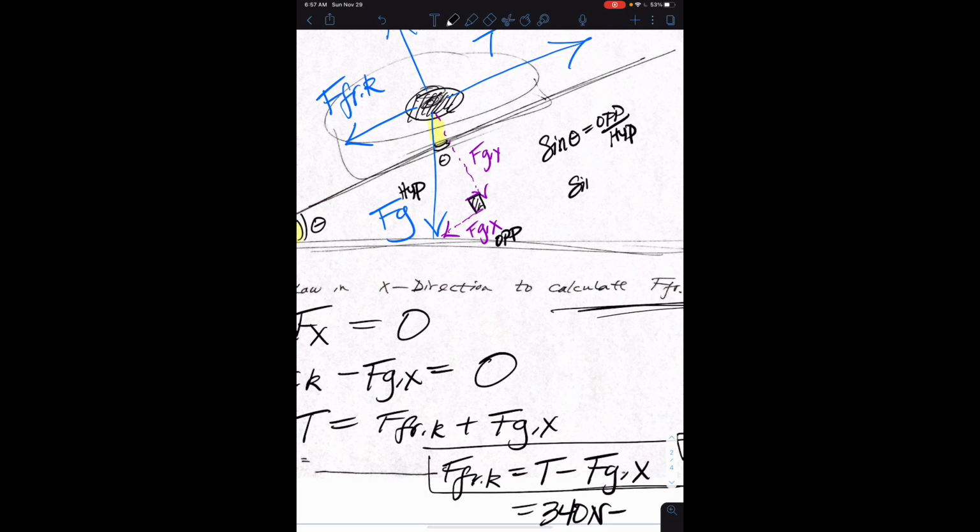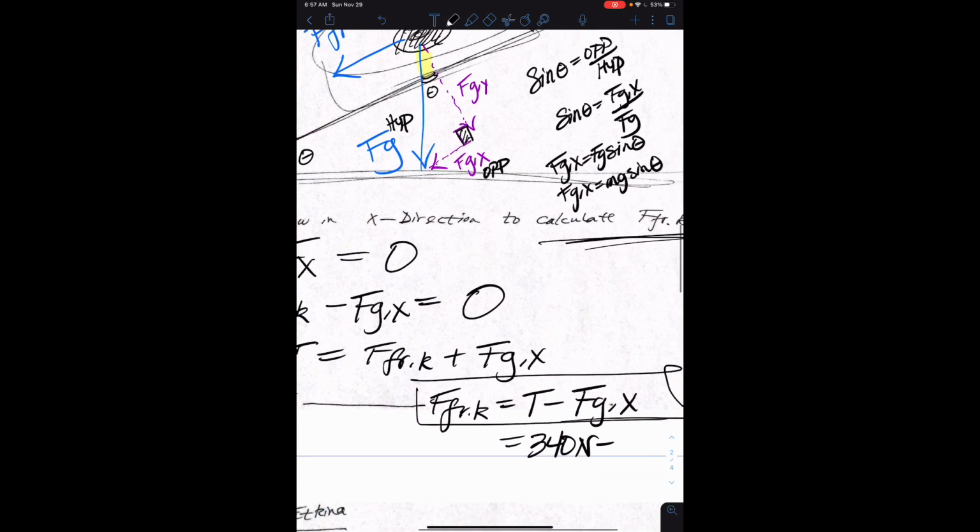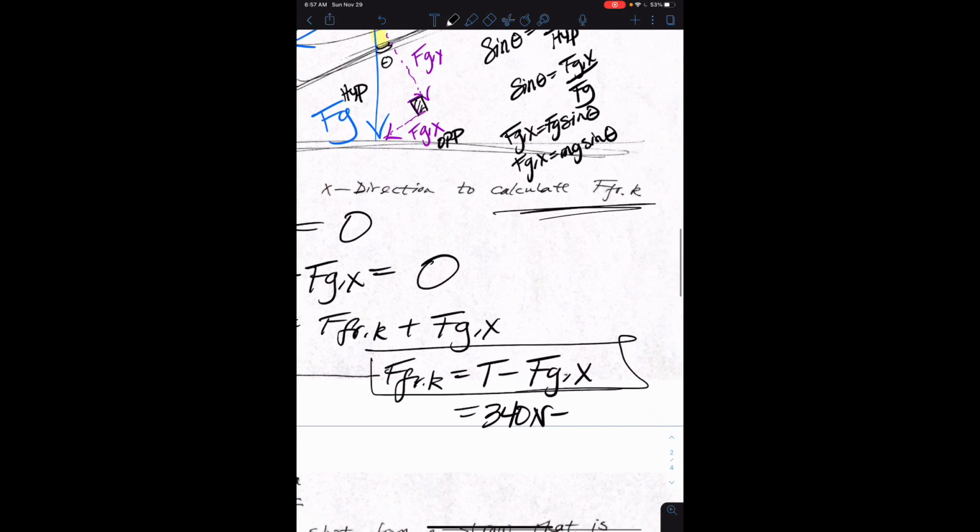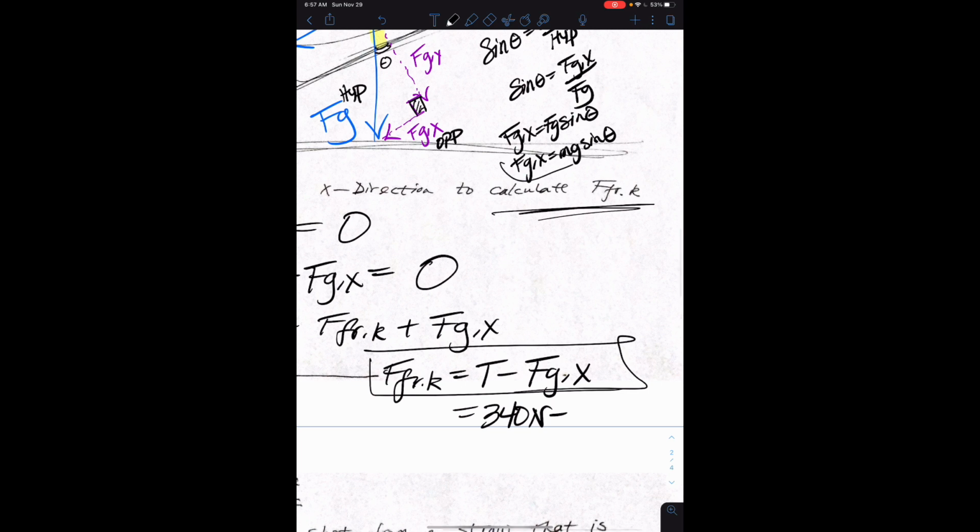Sine of theta then is equal to Fg x over Fg. Fg of x is equal to Fg sine theta, which is equal to mg sine theta. All right, so what is mg sine theta then, right?